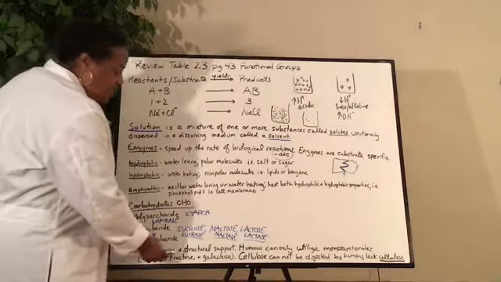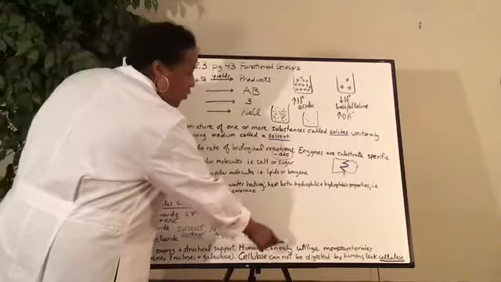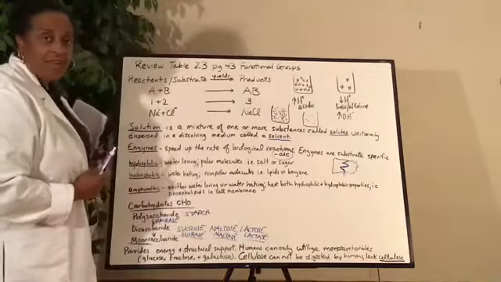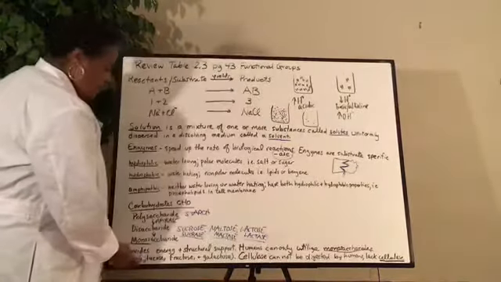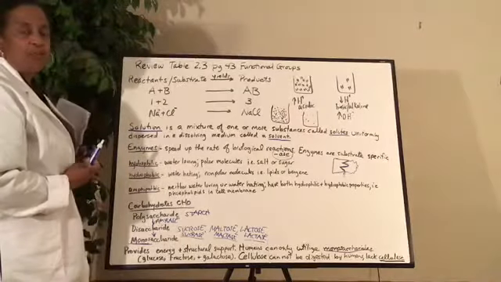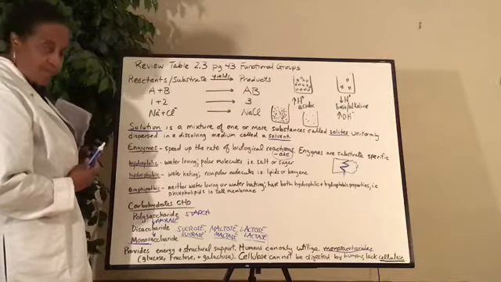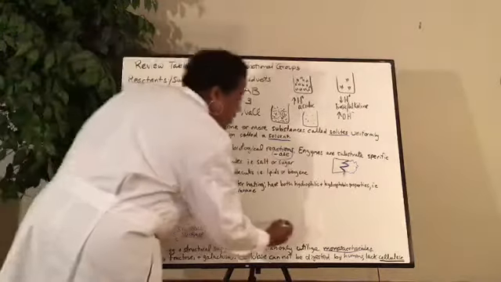Carbohydrates provide energy and structural support. Humans can only utilize monosaccharides. That's all we can do. Glucose, fructose, galactose. These are the three monosaccharides that we can digest.